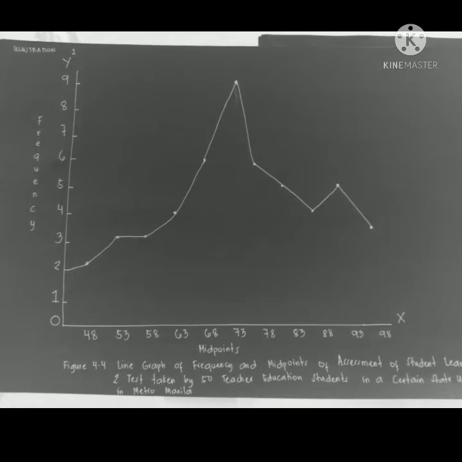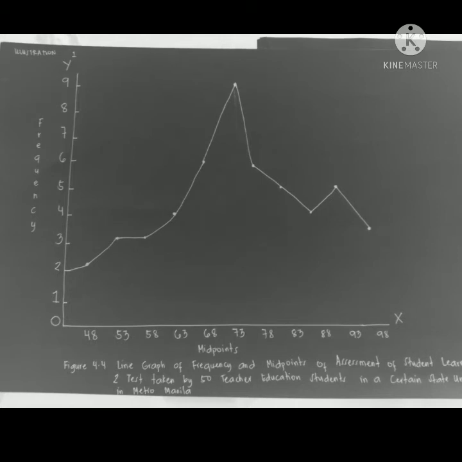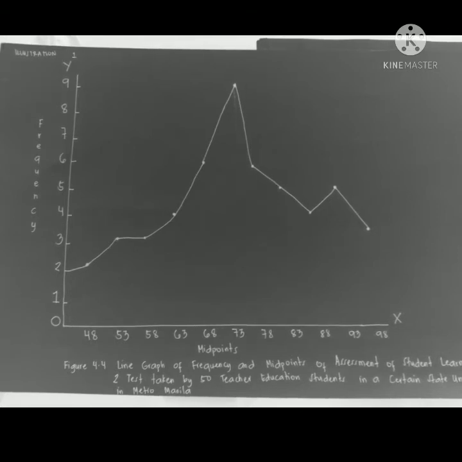So from this line graph, you will be able to see or evaluate how many students got the lowest score and how many students got the highest score or the perfect score, maybe if meron, diba?